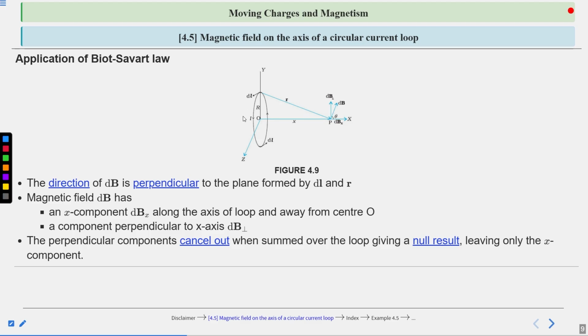When we take all the elements on the loop, there are equal and opposite components, so the perpendicular component of the magnetic field will be cancelled out by the opposite dl over the whole loop, giving a null result and leaving only the x components. Only components along the x-axis remain with us.